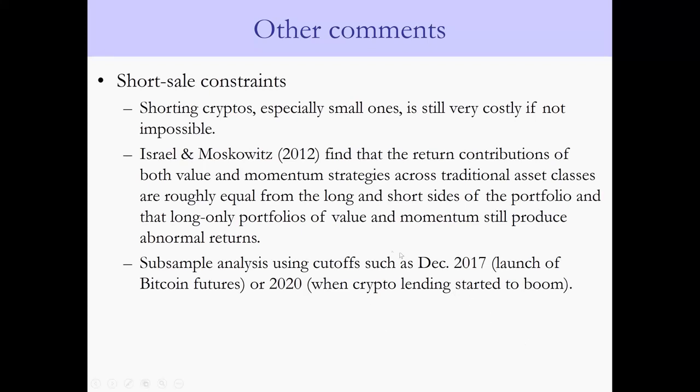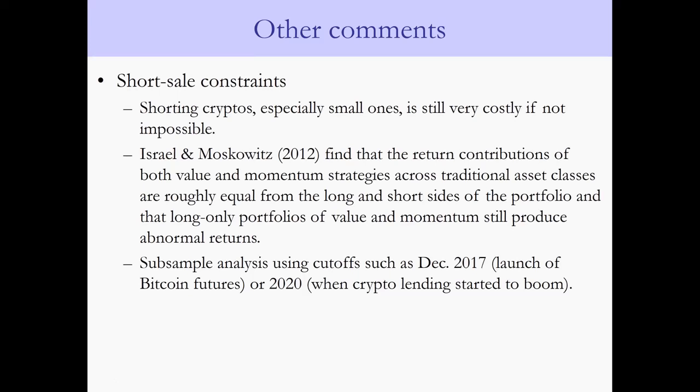However, Israel and the co-authors found that at least for value and momentum factors, the long and the short side roughly contribute equally to the anomalies. And they also find that the long-only portfolios of value and momentum still produce abnormal returns. So I wonder whether the authors could do something like that here to show people that short sale constraints is really not a problem.